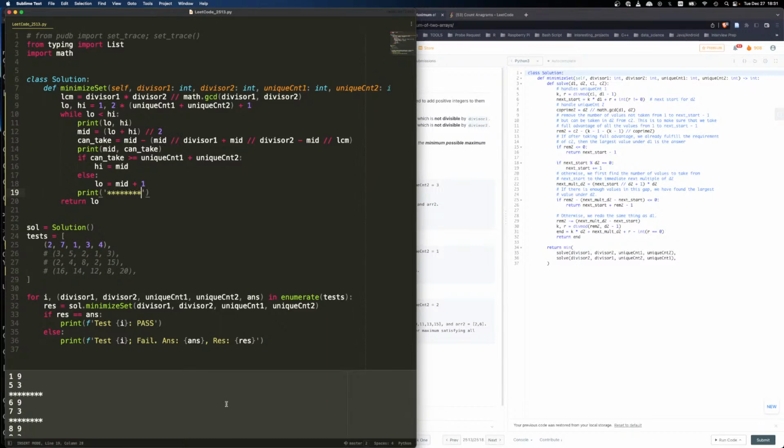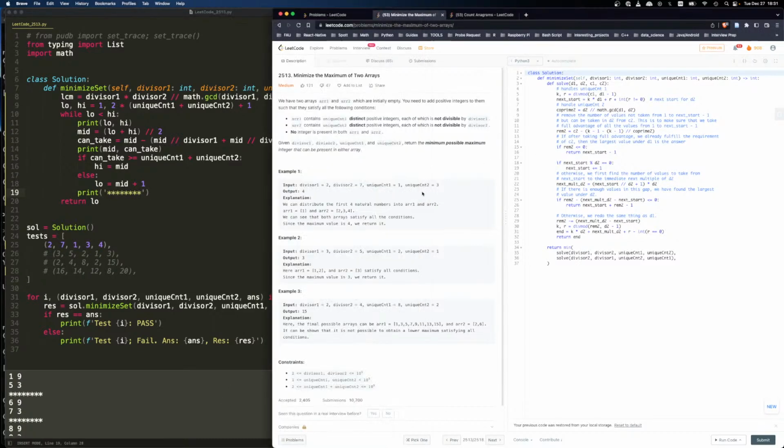We start with 1 and 9, because we have 1 and 4, 8, and 1 and 9. So the first mid I say is 5. Then 5 divided by 2 is 2, so we have 2 we cannot take. 5 divided by 7 is 0.